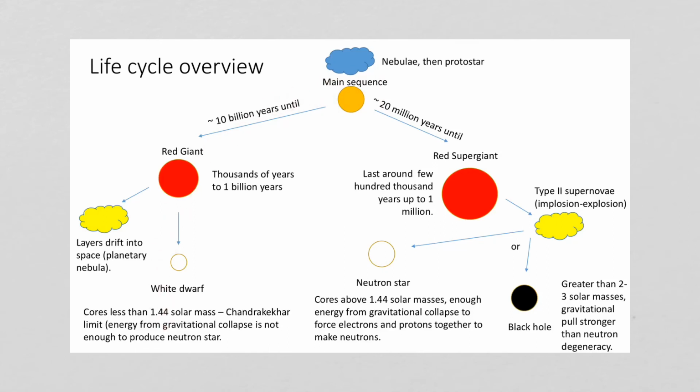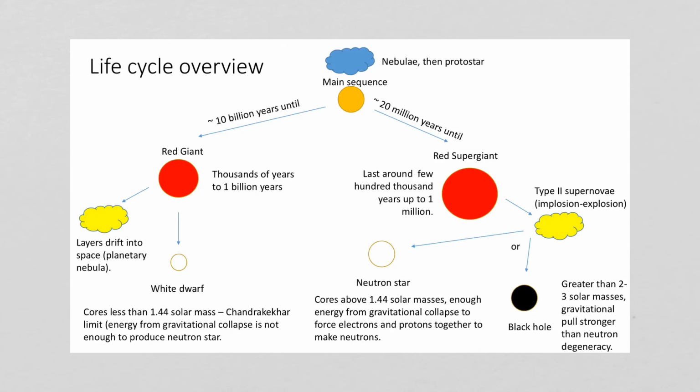So the small weight stars like our Sun. They last for roughly 10 billion years, turns into a red giant, and won't last quite as long as a red giant, thousands of years, up to a billion-ish years.